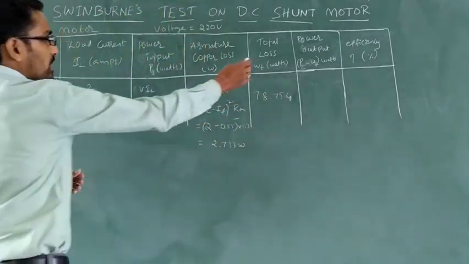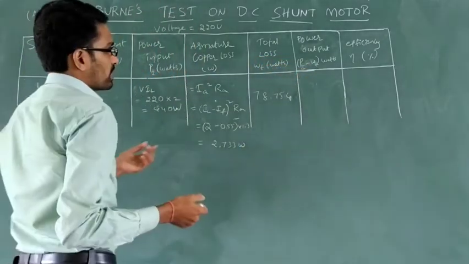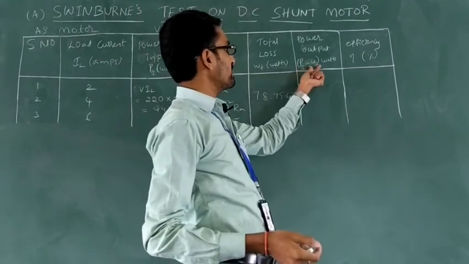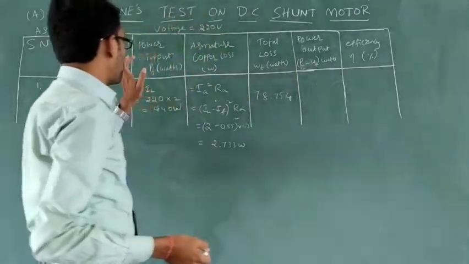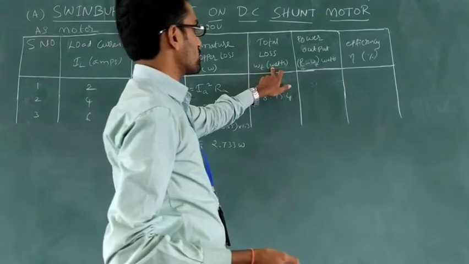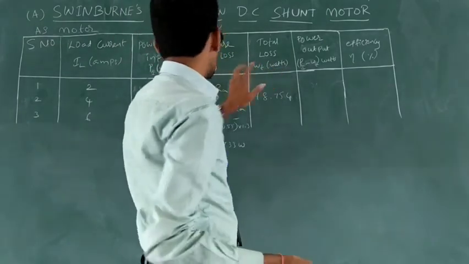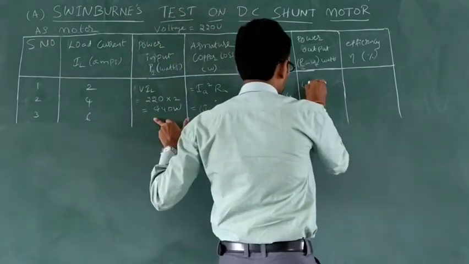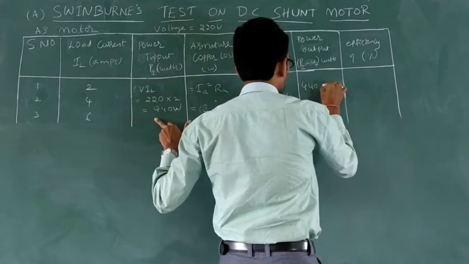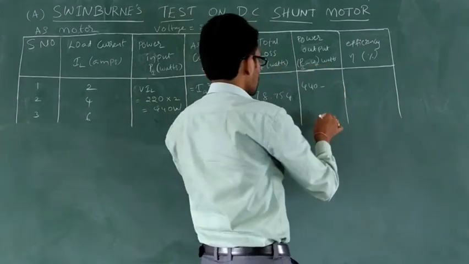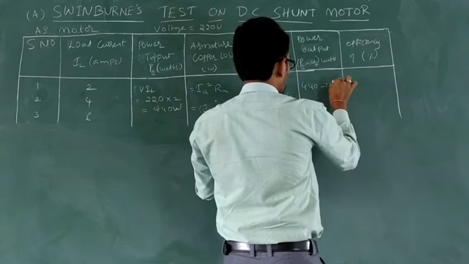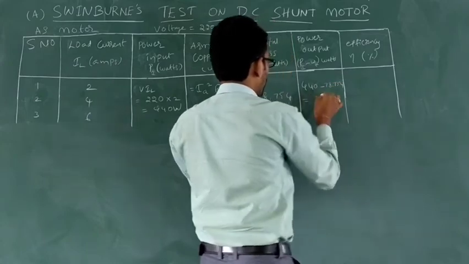Now we have to calculate the power output. Power output is Pi minus Wt, that is power input minus total losses. Power input is 440 watts minus total loss 78.754.